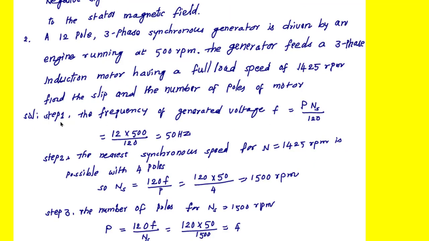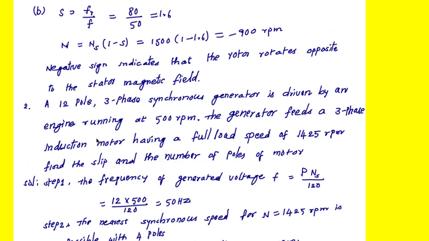So first, step 1, we calculate the frequency of the generated voltage. F is equal to P into Ns divided by 120. The speed of the generator is always uniform. There will not be a separate stator field speed and rotor speed. The rotor speed is also the stator field speed, so that is 500 RPM.